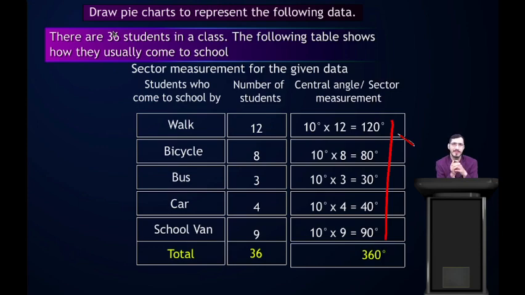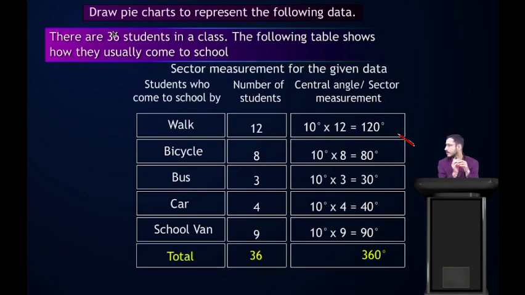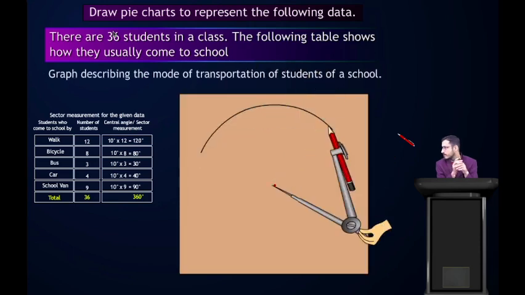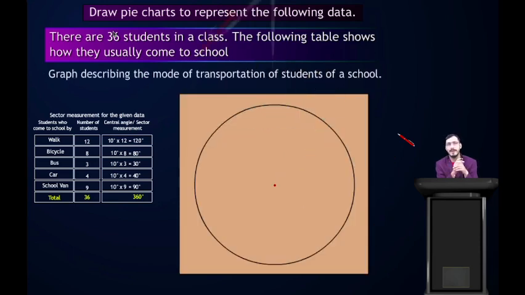Now that we have the central angles, we can draw the pie chart. First of all, you can take any radius and draw a circle like this.